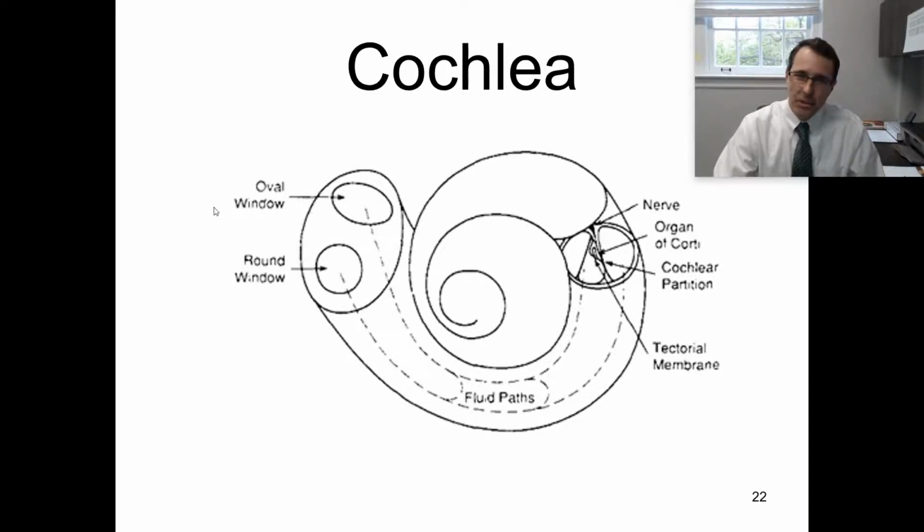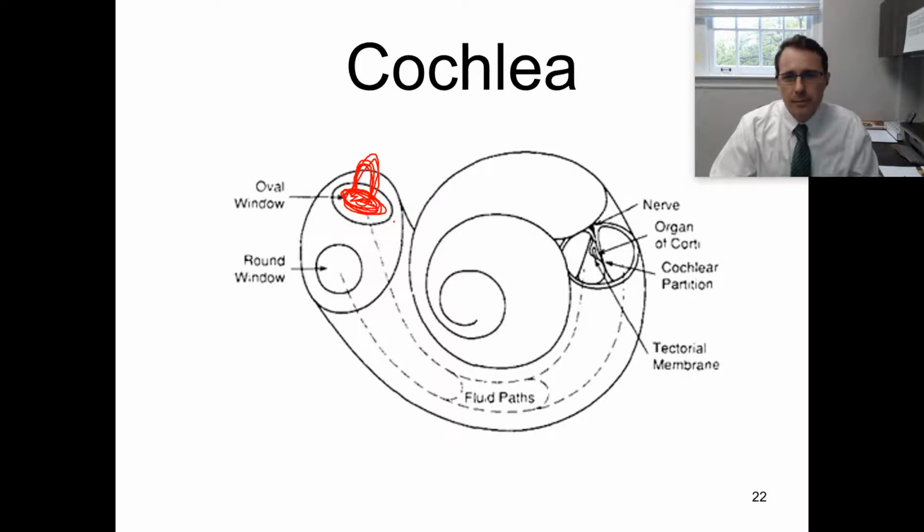And this is what I want you to understand about the organ of Corti. To begin with, here's our oval window. So we have our stapes that pushes in at the oval window. All right, it's not the world's best stapes, but it'll do.